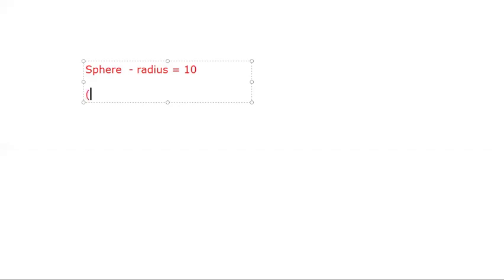Use the formula 4/3 pi r cubed. That's the exponent of 3. Well, the r is 10. So 4/3 times pi times 10 cubed. So let's just plug that into our calculator.